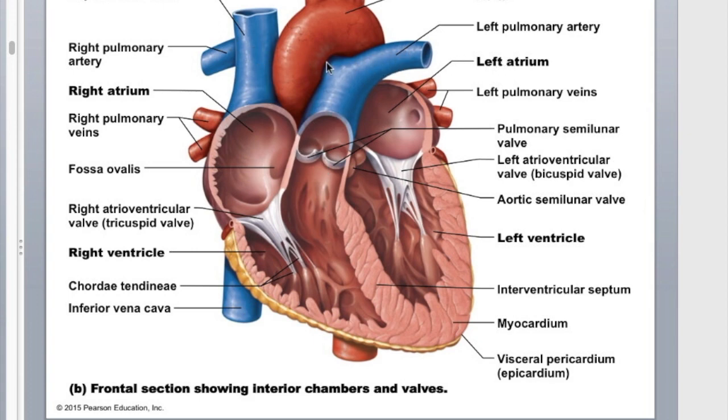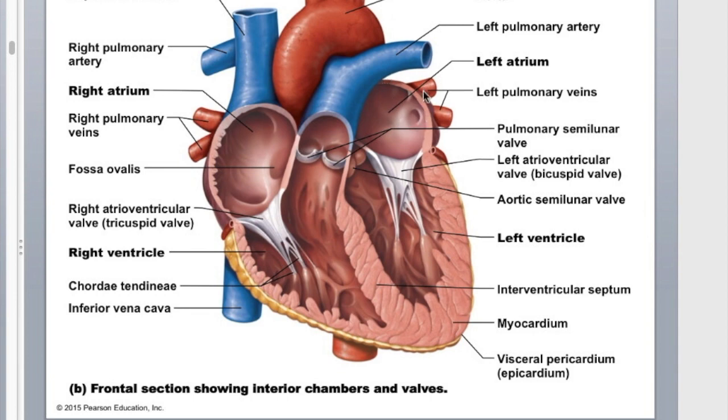Once it goes into the lungs, it then comes back in to the left atrium. These are your pulmonary veins. Veins are labeled going into the heart. Arteries are labeled to go out from the heart.